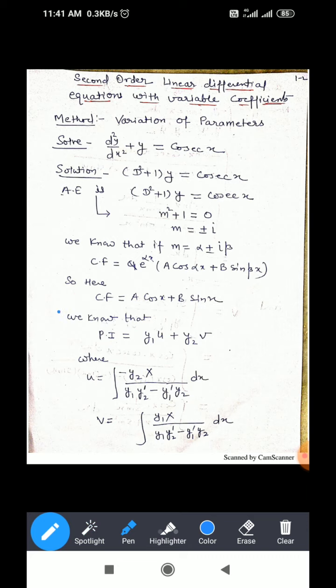Now we know that PI is equal to y1 u plus y2 v. Here y1 is equal to cos x and y2 is equal to sin x.